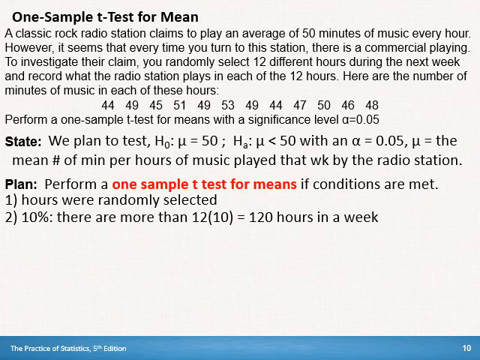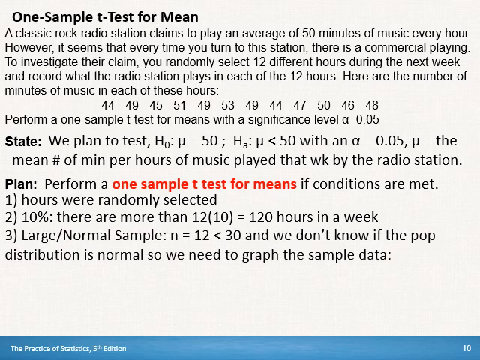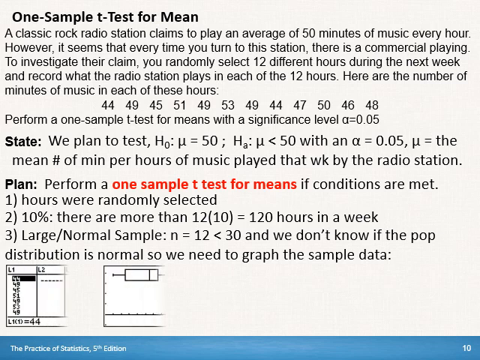We selected 12. There are more, so we have to make sure that there are more than 120 hours in a week, and there are. And we don't know anything about the distribution of minutes per hour in the population. Our sample size is less than 30, it's 12, so we need to graph the sample data.